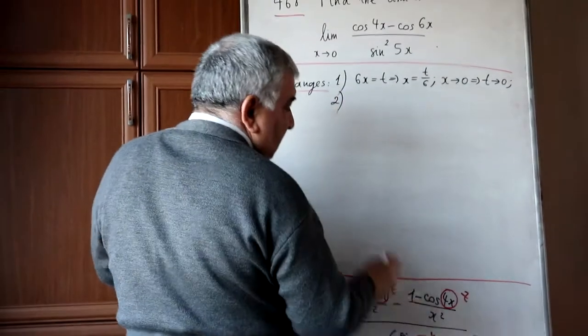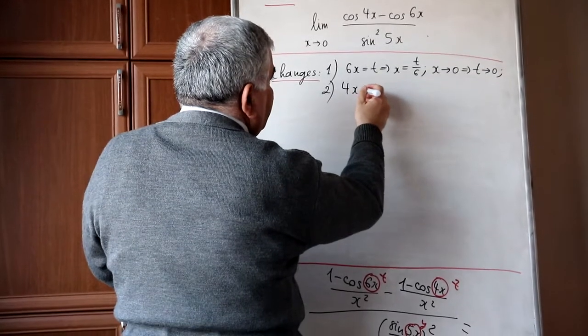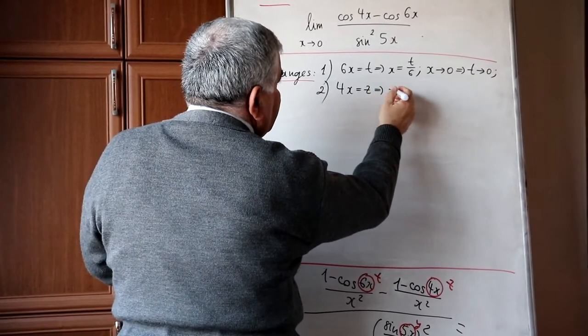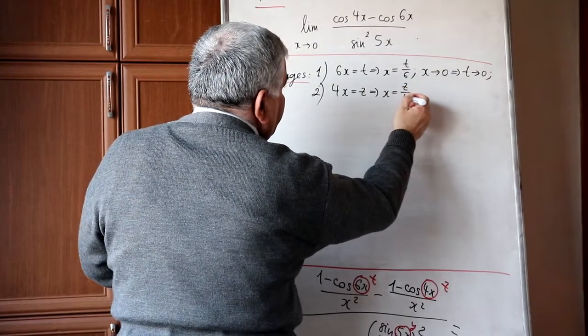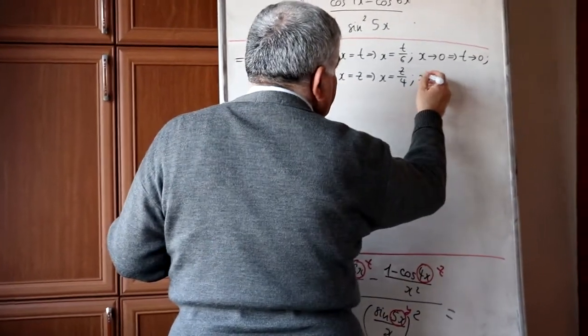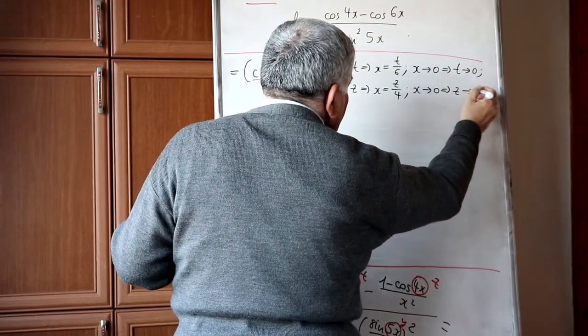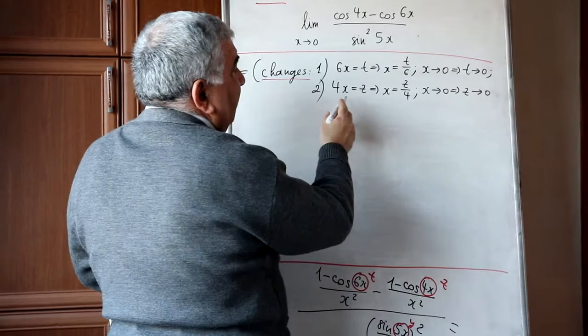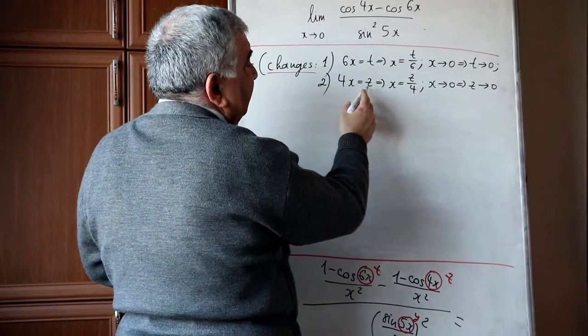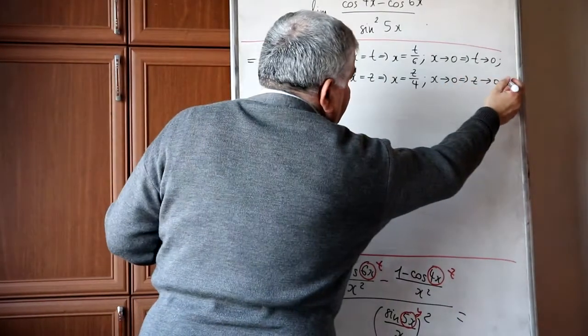Second change, 4x is z. Then x is z over 4. If x tends to 0, then z also tends to 0, because if we substitute 0 instead of x, we obtain that z also tends to 0.